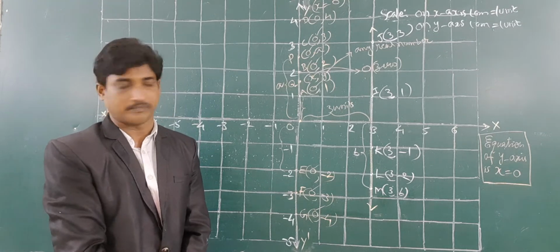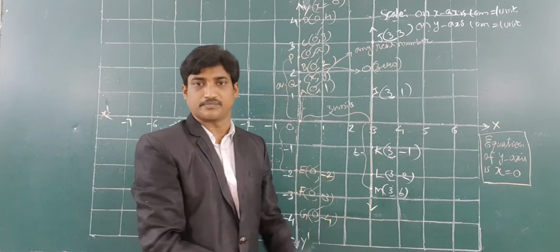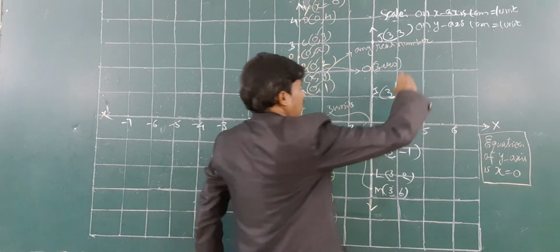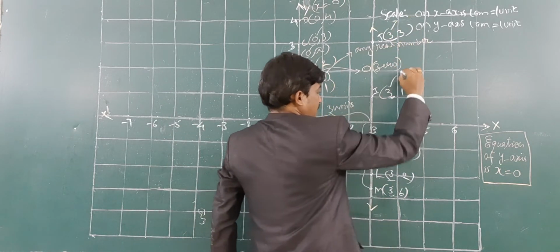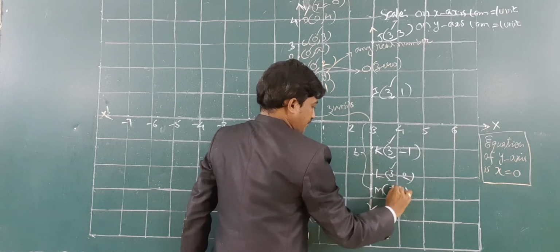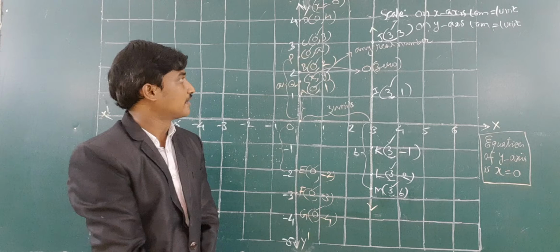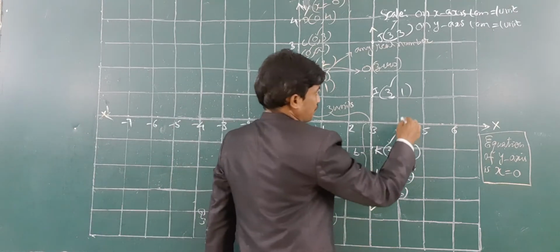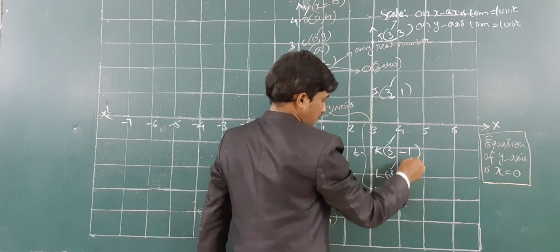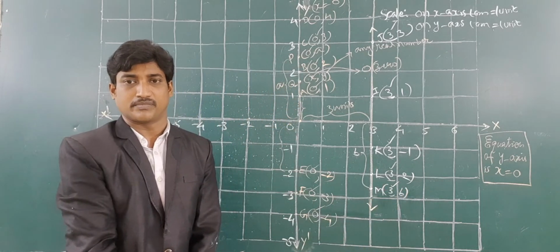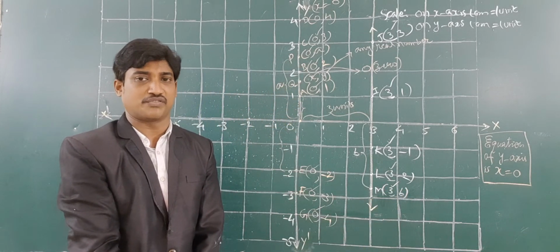If we observe these points, the x coordinate is 3, 3, 3, 3, 3. The x coordinate is constant, that is 3. The y coordinate, that is 1, 3, -1, -2, b, is any real number based on the position of the point.